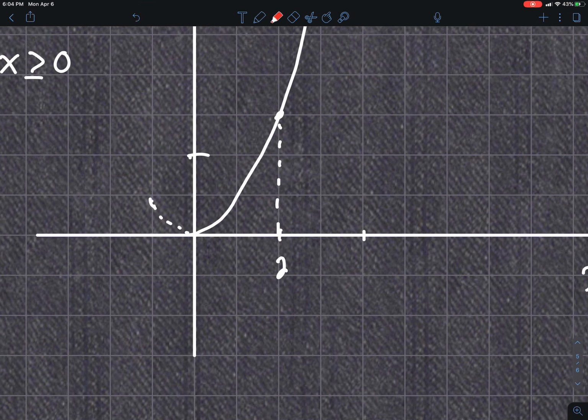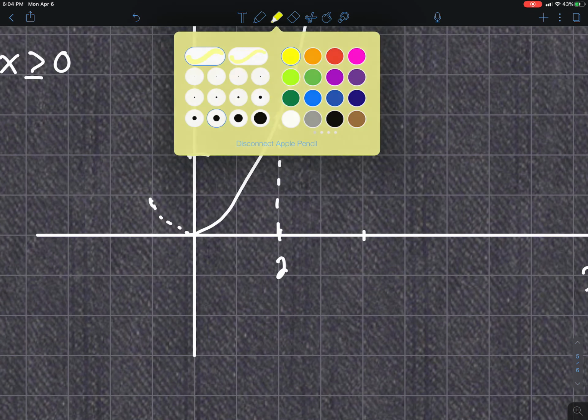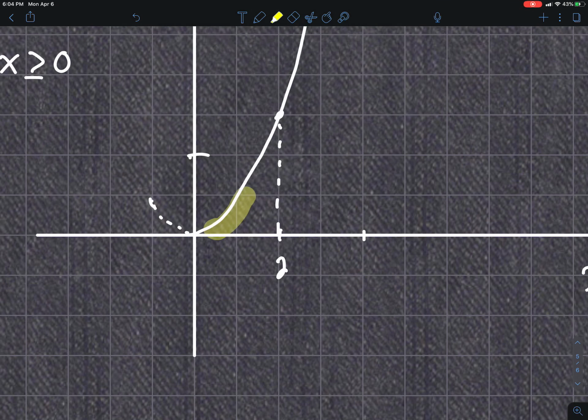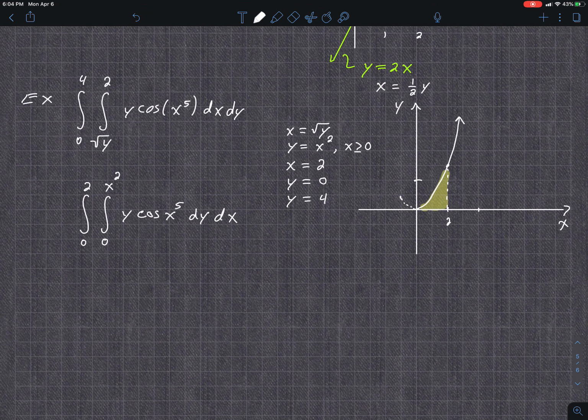Then at 2, you have this region. So this will make it look a little better. And so this is your region in question here.